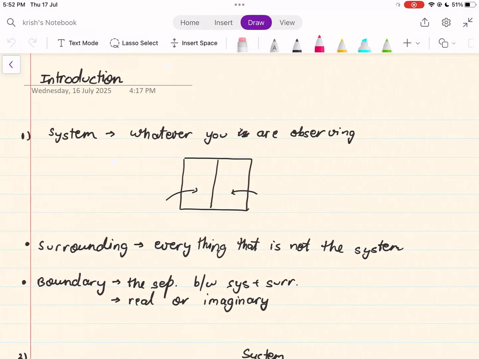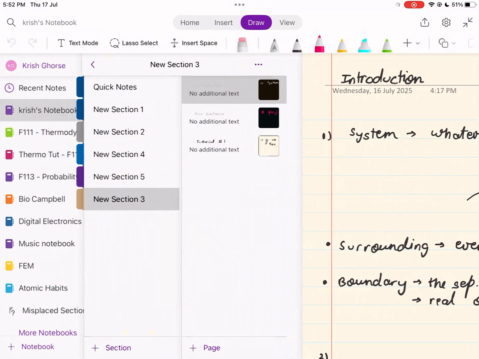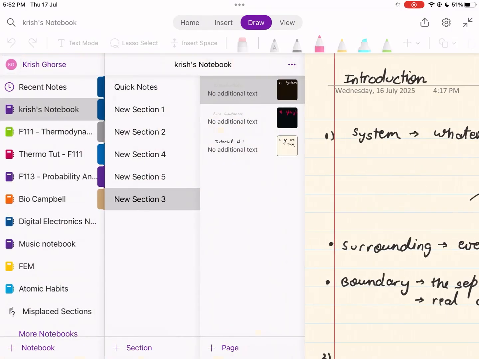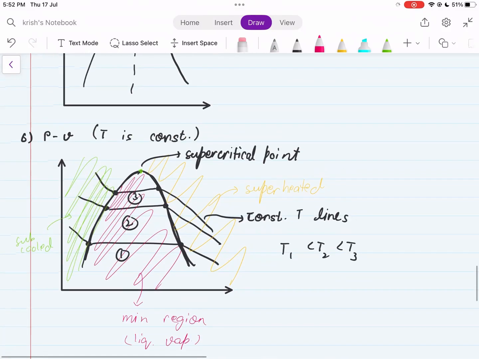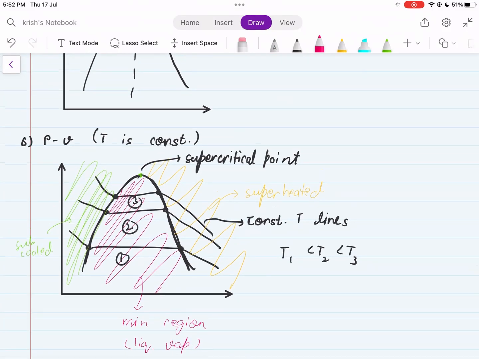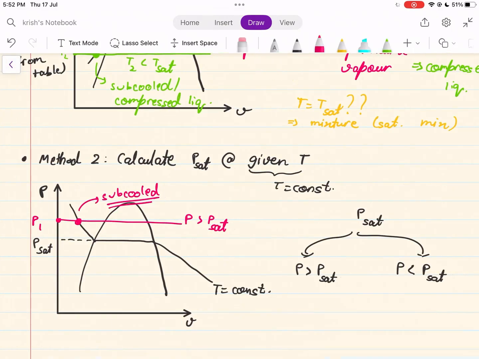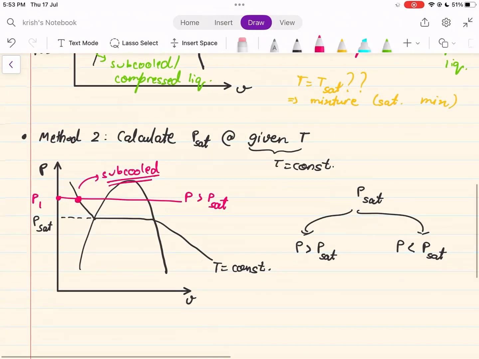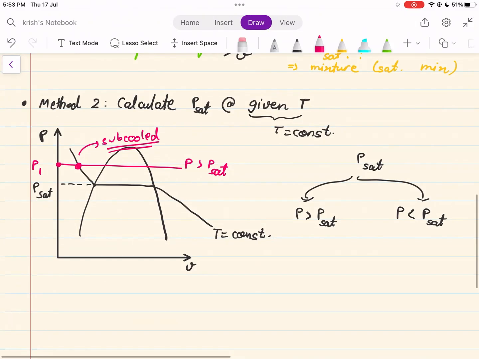Wait, let me just confirm that. See, after all this time, I also get confused sometimes. Yeah, so this is the subcooled line. So if P is greater than Psat, we can see that the intersection is on the subcooled line.